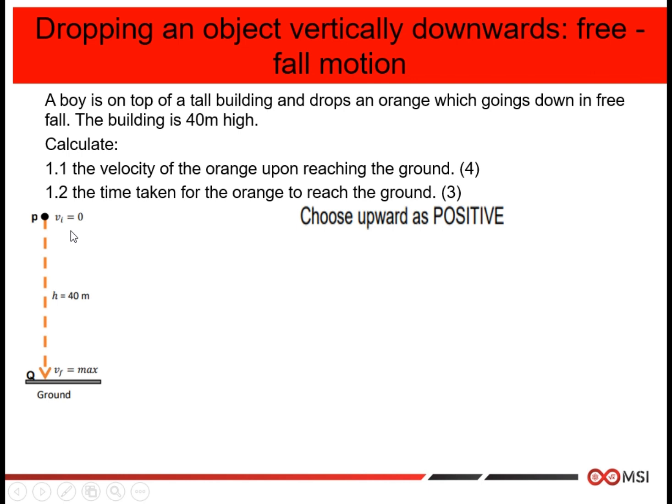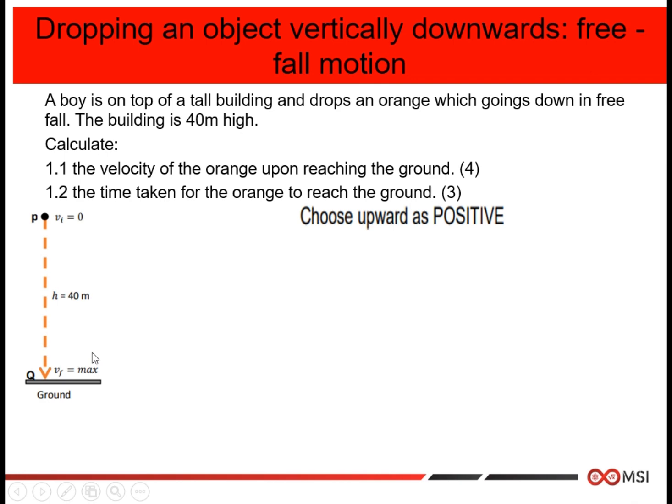And then we've been given our displacement, our delta x, which is 40 meters high, and there is our 40 meters high, and we need the final velocity, since the question says the velocity of the orange upon reaching the ground. So meaning we need to have our vf. So what do we have?